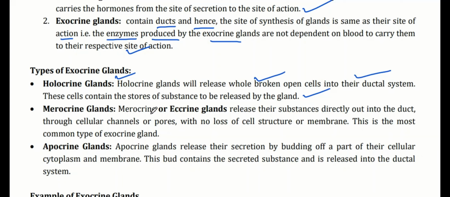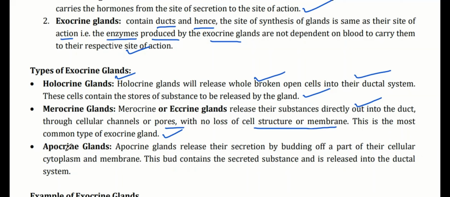Merocrine or eccrine glands release their substance directly out into the duct through cellular channels or pores with no loss of cell structure or membrane. This is the most common type of exocrine gland.